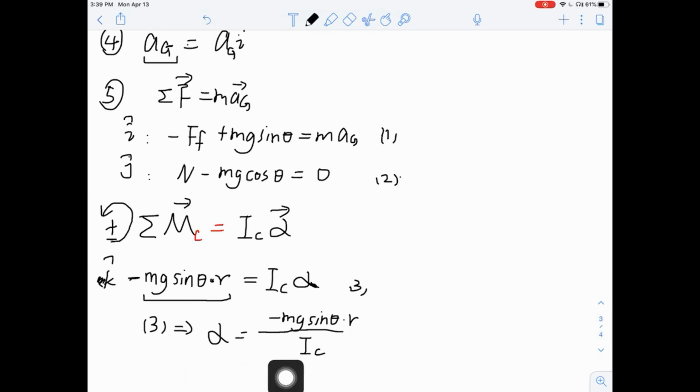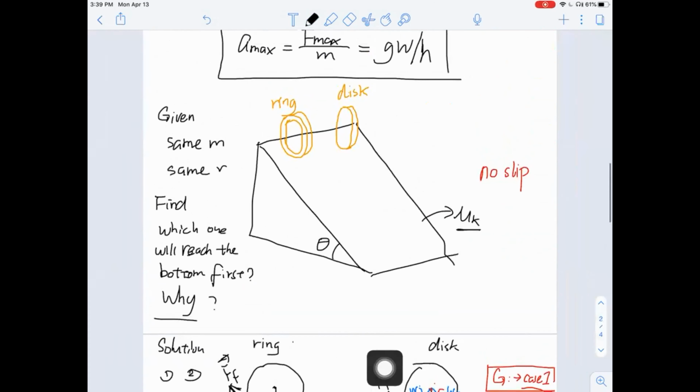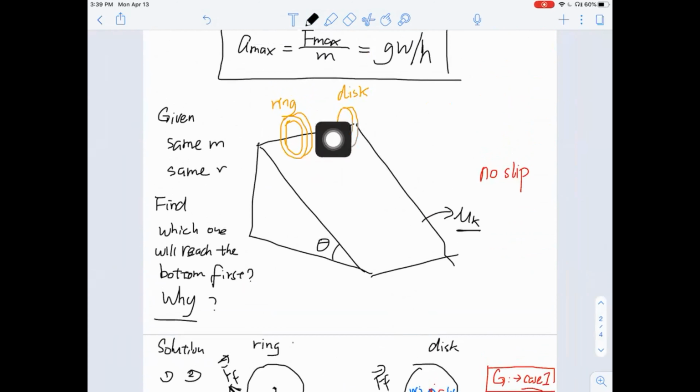Why would this equation be helpful? Let's go back to the problem. What we are trying to find is which one would reach the bottom first. That's a problem of acceleration, which means which one would have the larger angular acceleration to make sure it's rolling faster and reaches the bottom faster. So that's about which one has the larger alpha.